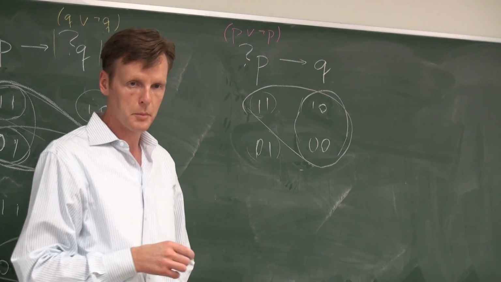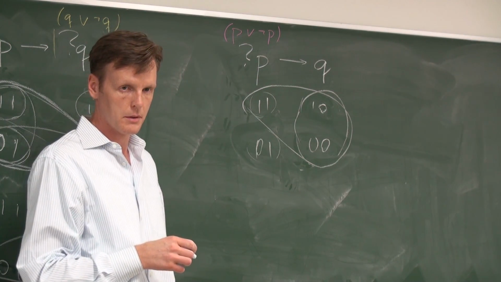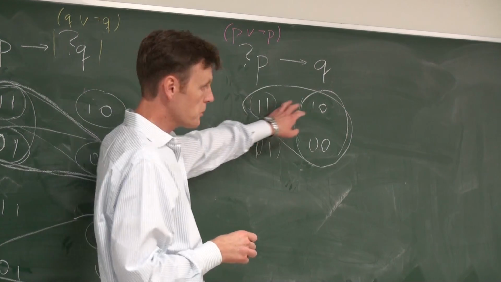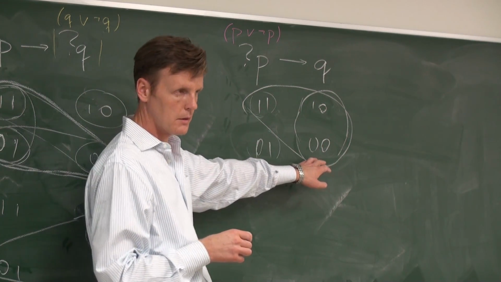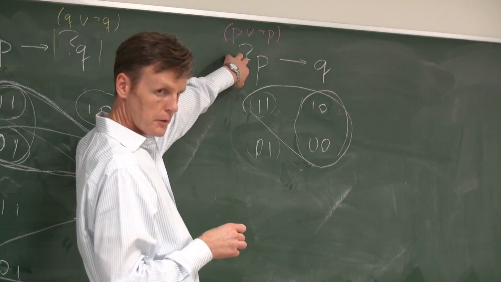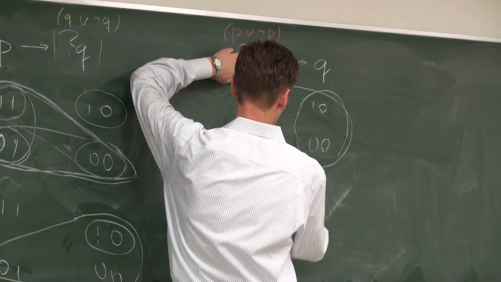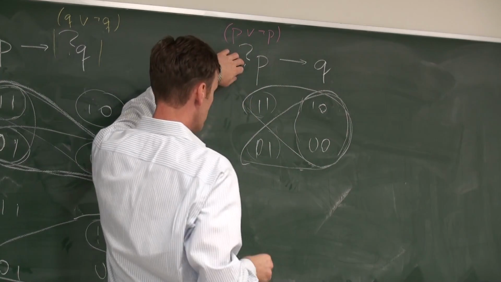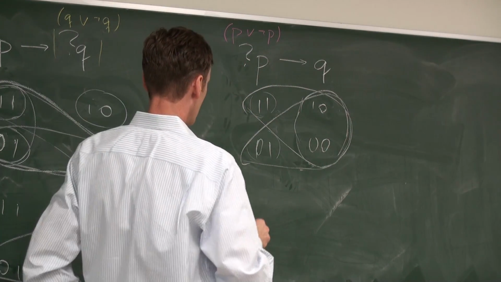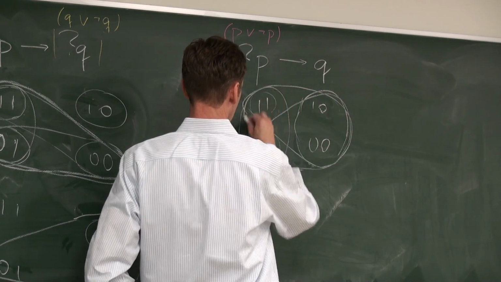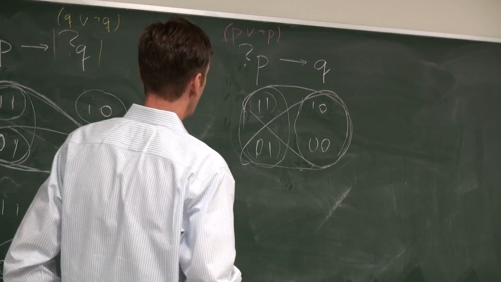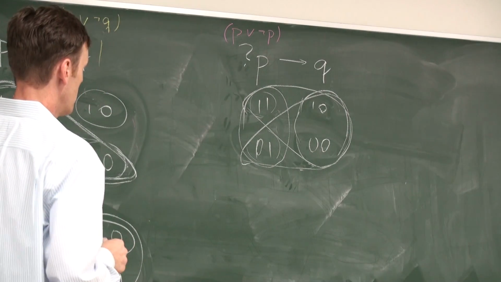fails to support P or not P. Because it's true in some and false in others. Therefore, the sentence is supported in this. Likewise here, any kind of mixture of this kind is okay. This as well. Okay.